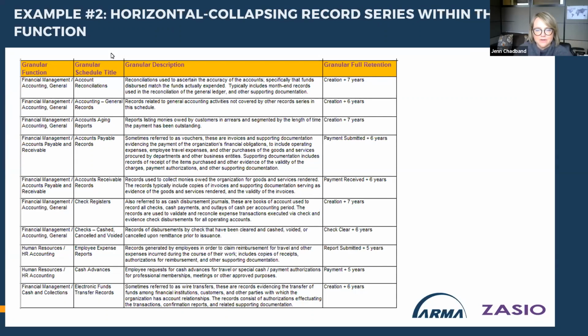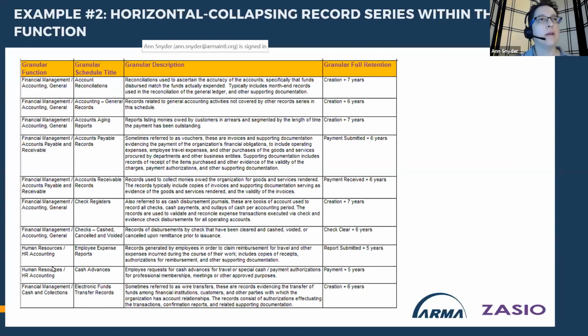Yeah, I can go ahead and walk us through this one, Anne. So horizontal function here, I think a really good example is oftentimes within financial accounting. Also HR down here too, right? Yeah, there's a couple sneaky ones in there too, but across financial accounting, looking at all the different processes, you oftentimes see very similar retention periods, similar event triggers even.